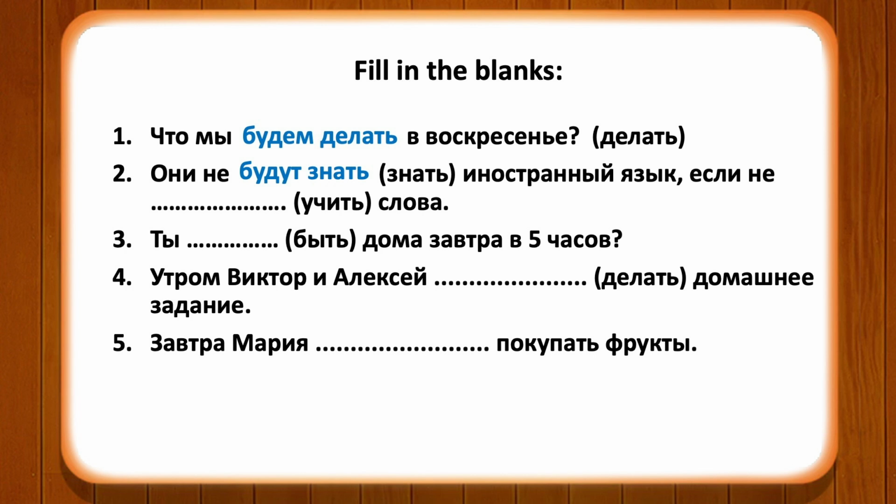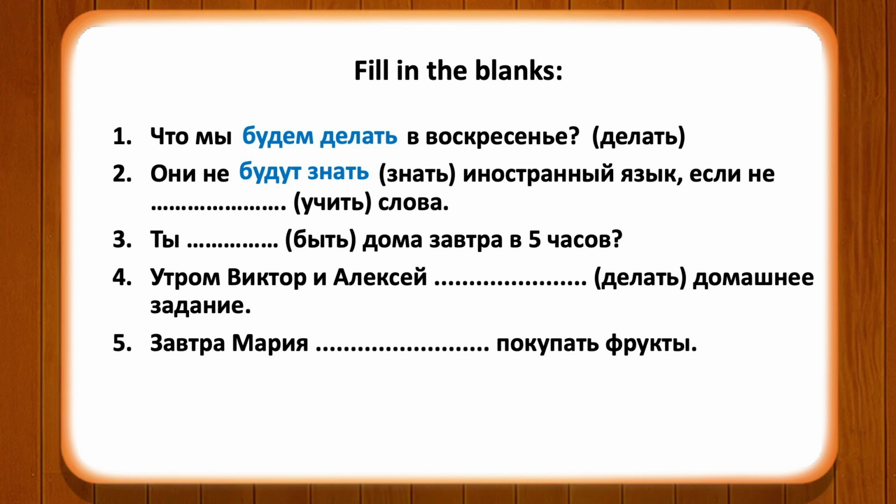Они не будут знать иностранный язык, если не. The next verb is учить. Again, if you have to use this verb in future tense, you will conjugate the auxiliary verb быть according to the subject они and use the verb учить in infinitive form.